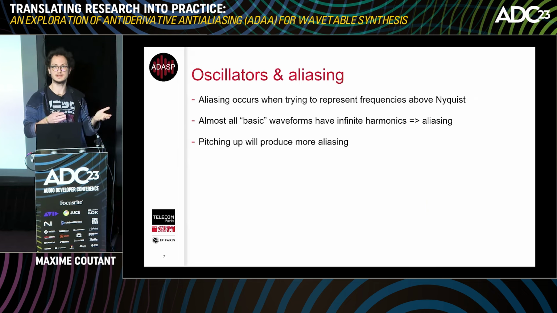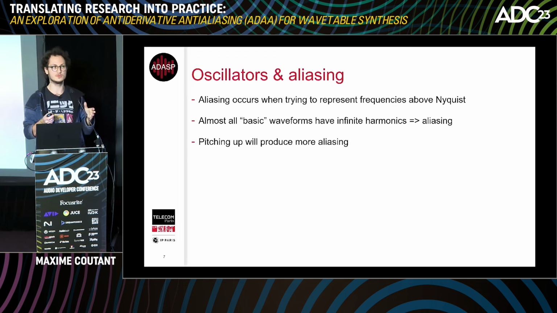So what about oscillators and aliasing? Well, first, let's talk about waveforms. Almost all the basic waveforms you saw here, like saw wave and square wave, the perfect versions of them theoretically have an infinite number of harmonics. So if you try to represent a perfect version of these waveforms, you will necessarily have harmonics going above your Nyquist rate, whatever you're trying to do.